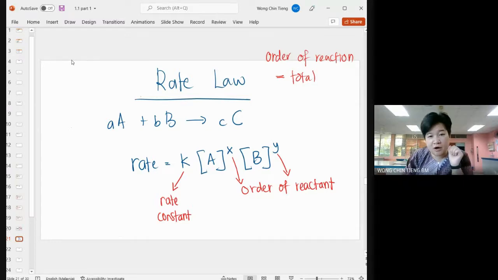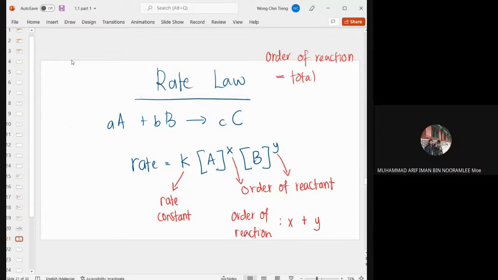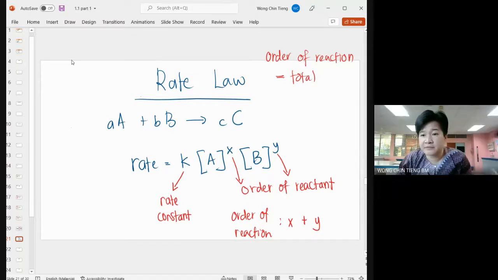So order of reaction akan jadi berapa? Kalau soalan tanya order of reaction will then be your X plus Y. Okay, nampak beza? Beza Order of the reactant hanya adalah dia punya. Order of the reaction adalah jumlah dia. Okay, see that? Okay, next thing.